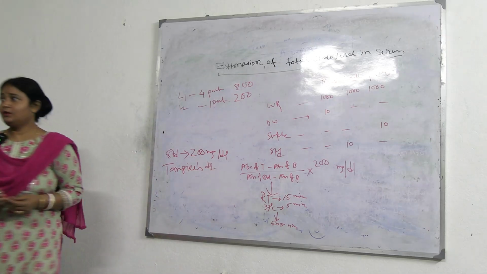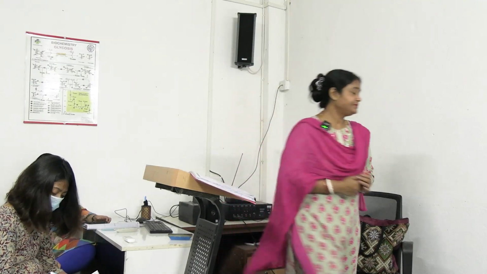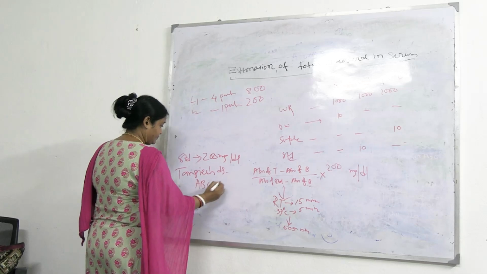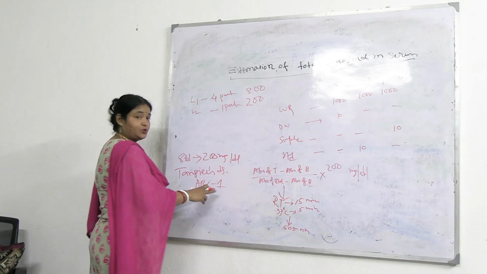One disease related to this lipoprotein is Tangier Disease. There will be yellow orange tonsil, peripheral neuropathy and atherosclerosis. So what happens here? ABC1, ATP binding cassette transporter 1.